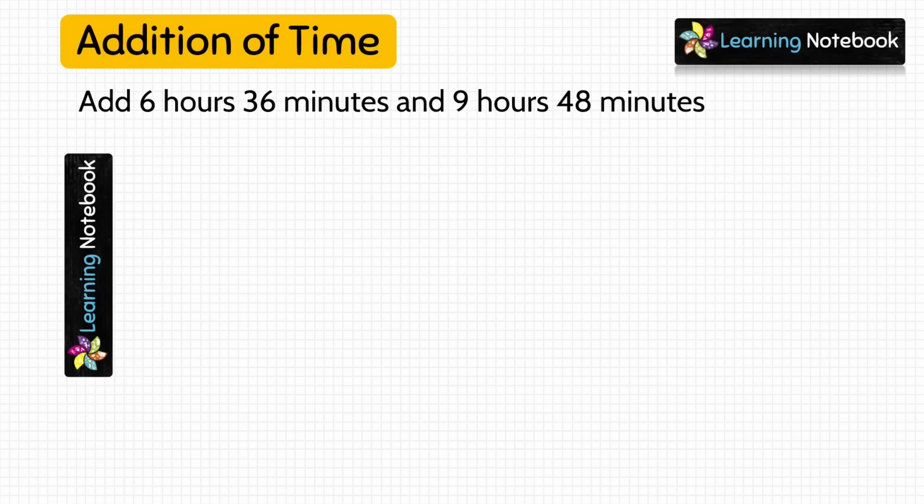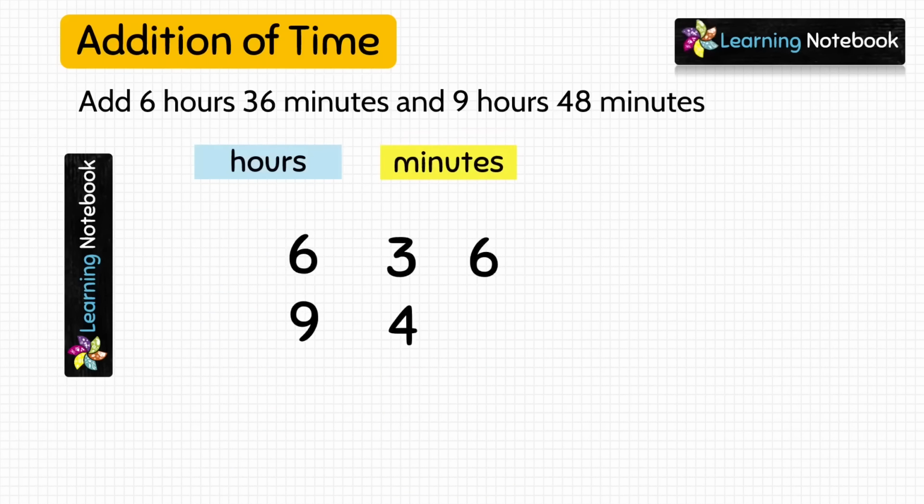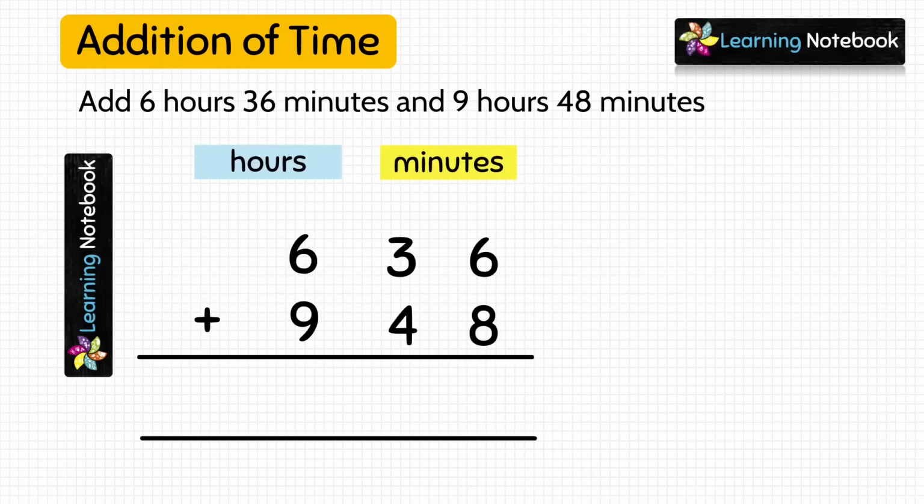So here, to add these two times, first we will write hours under the hours column and minutes under the minutes column as shown here. Now we will start adding the minutes column. So 36 plus 48 equals 84. So here we have got 84 minutes.